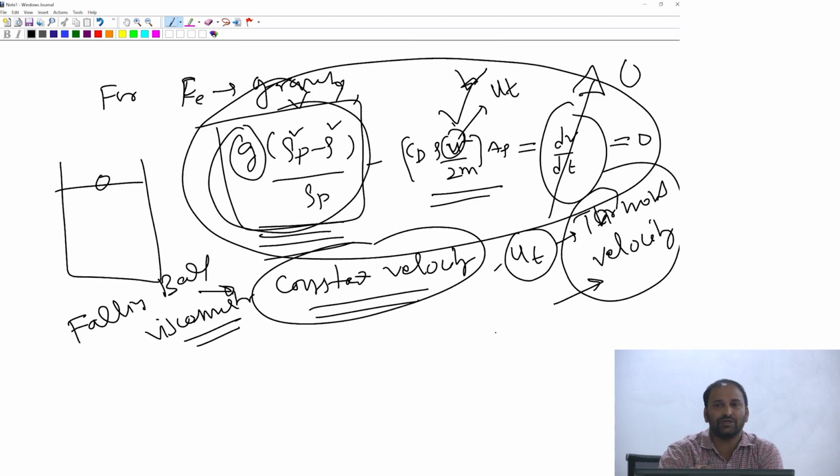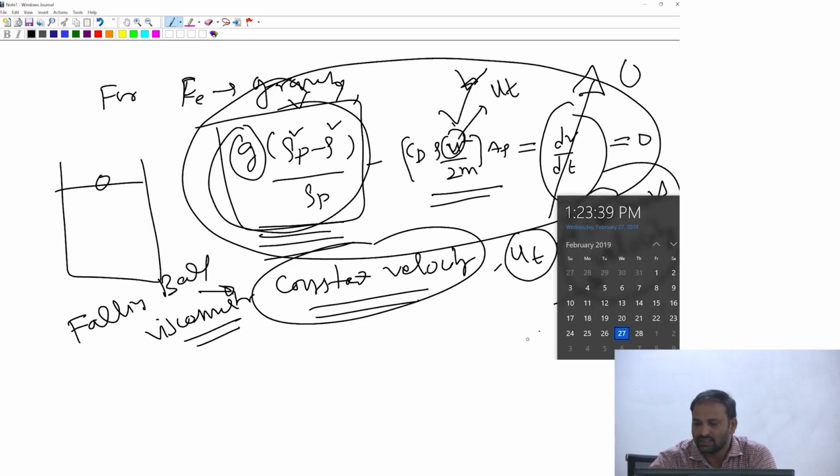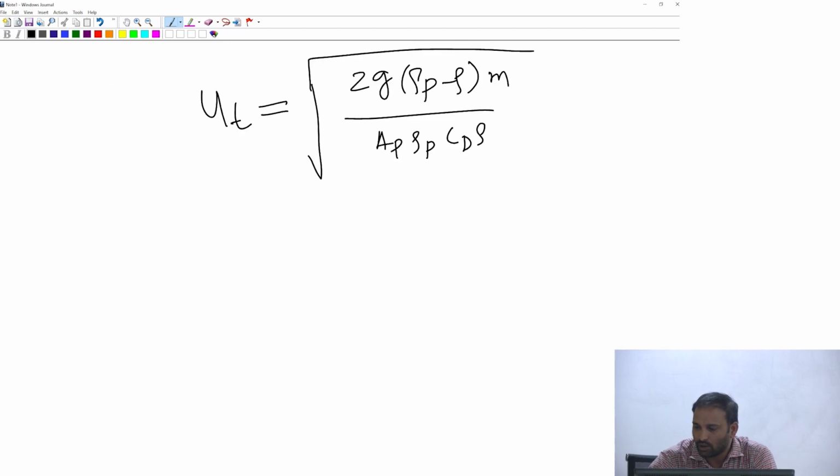This equation is valid for particles of any size or any shape. Now, if you're working with particles of specific geometry, I can simplify this expression further.